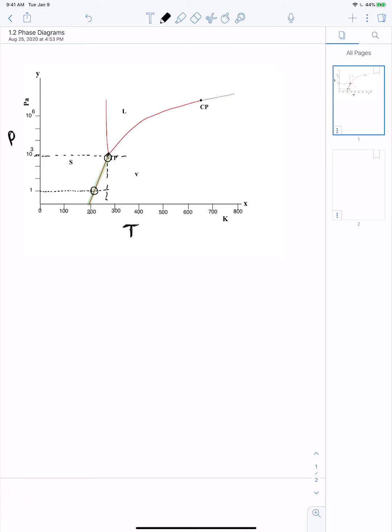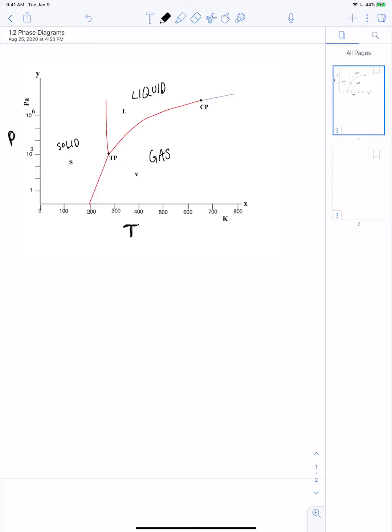The other important thing is to actually know what phases you're going between. So this is a very sparsely labeled diagram, but S here is referring to solid, and L is going to be referring to liquid, and then V is going to be referring to gas.